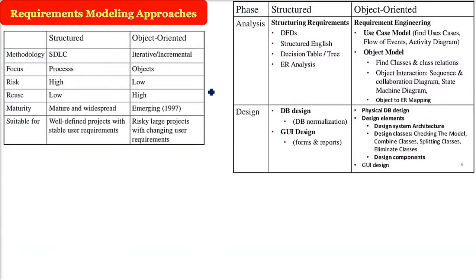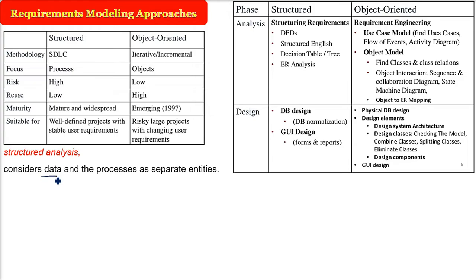So there are different approaches in requirement modeling. These approaches, the products will be different, the way will be different. First approach is the structured analysis. Structured analysis is all about functions. So here it considers the data and the processes, that is the functions, as different entities.